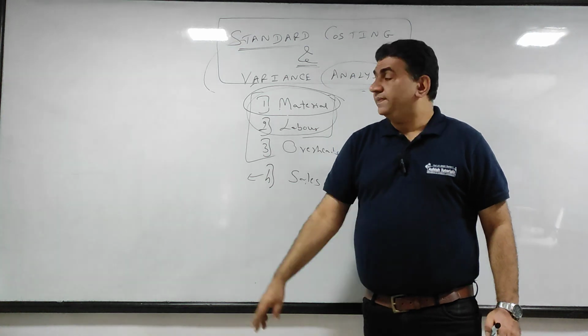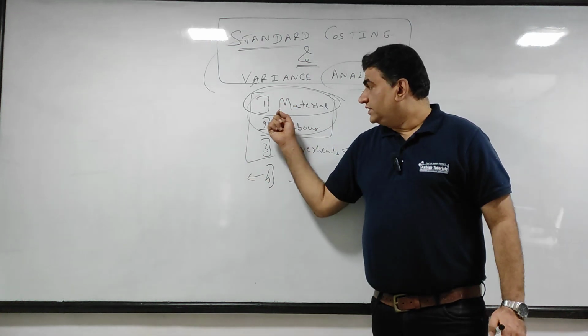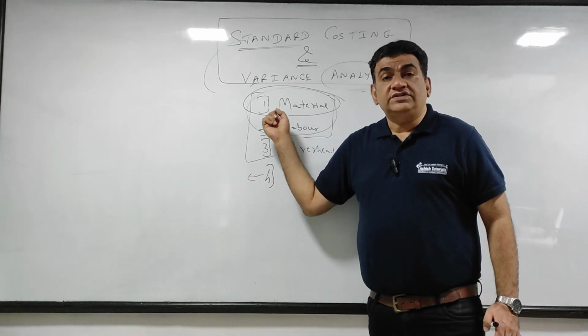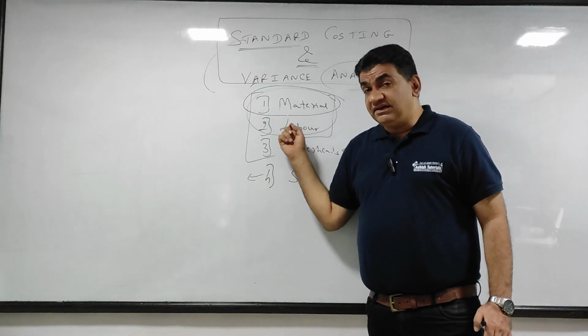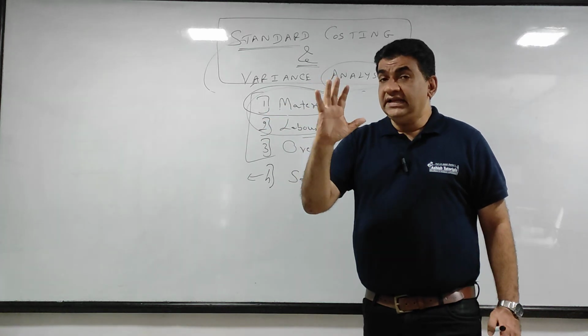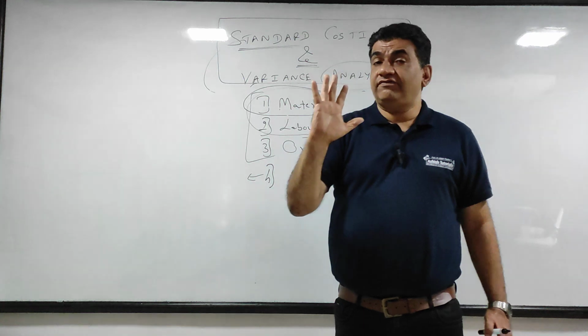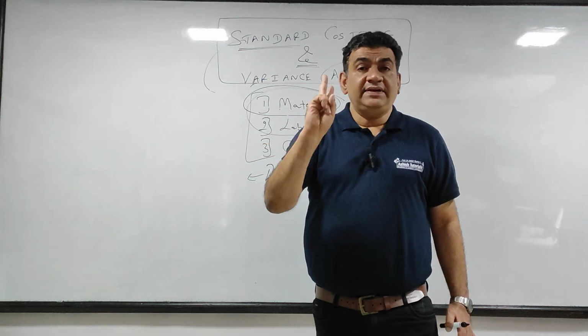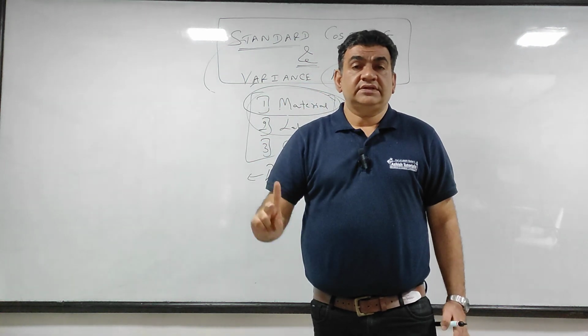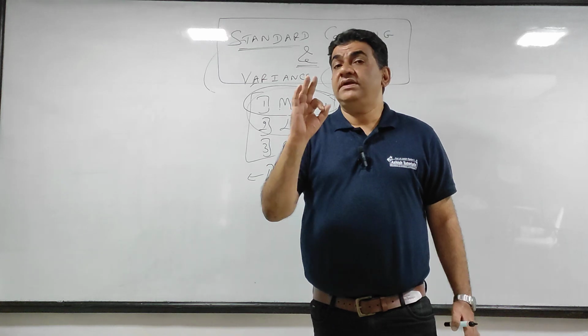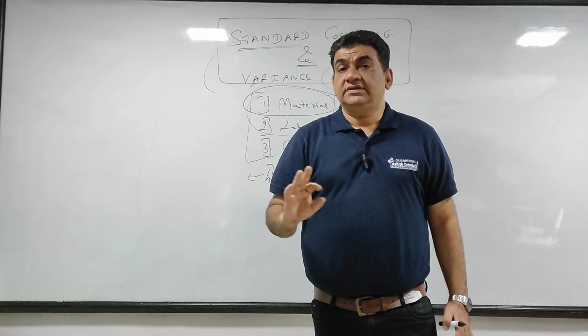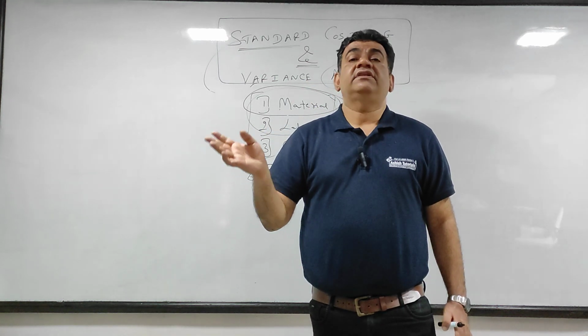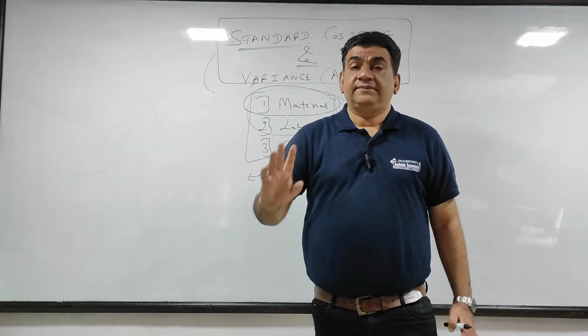So now I will take the first part of this chapter, that is material variance. In material there are total 5 formulas. I'll be taking 2 sums. In the first sum there will be only 3 formulas and in the next sum there will be all 5.